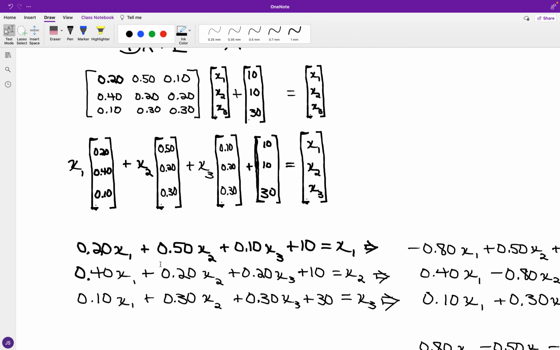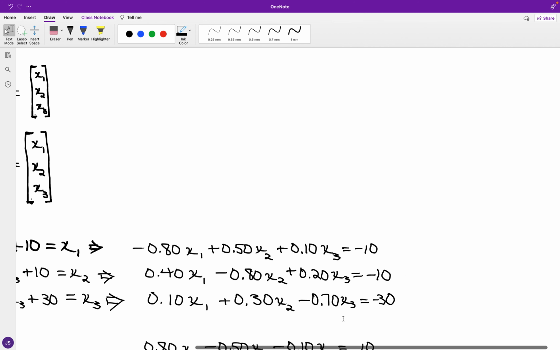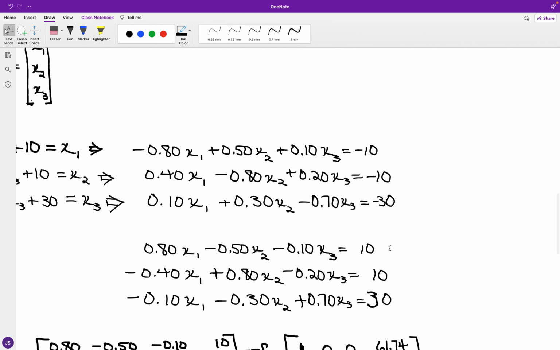I do the second equation in like fashion for x of 2, moving the 10 over, and the last equation moving x of 3 and shifting the 30 over. Putting the external demand numbers in positive instead of negative format after shifting, I have this adjusted system of equations.